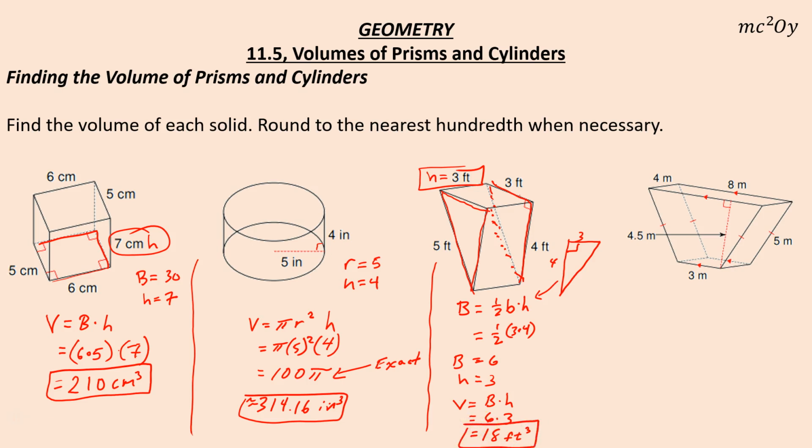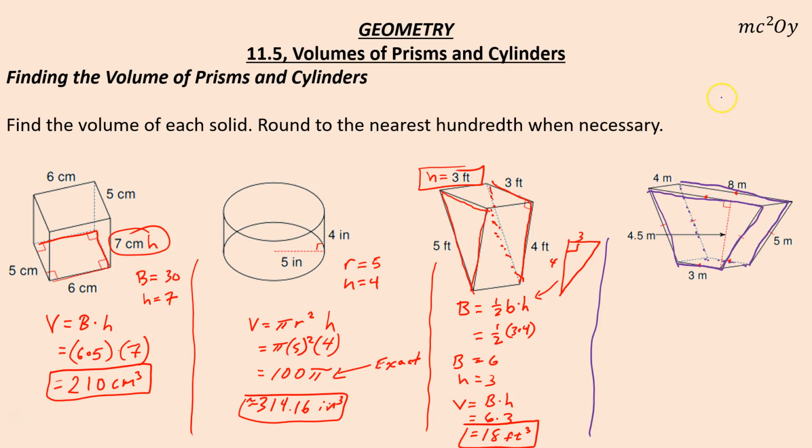All right. One more. Notice this looks like a trapezoidal prism. We have these two trapezoids, the one in back, you can see it back there, dashed.